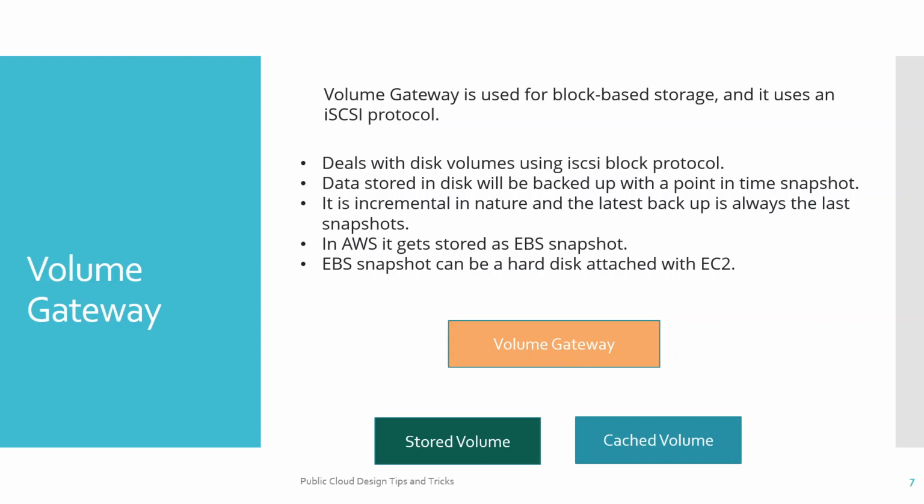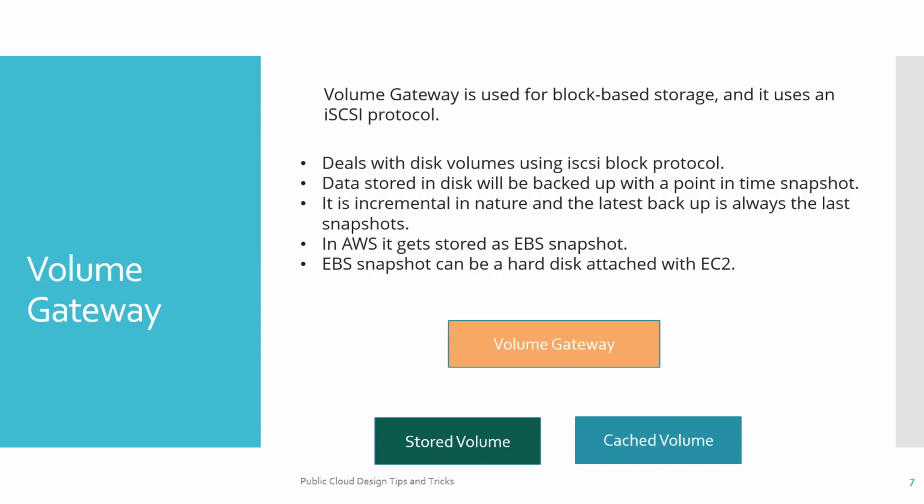It is incremental in nature, and the latest backup is always the last snapshot. In AWS, it gets stored in EBS snapshots, Elastic Block Storage, and EBS snapshots can be a hard disk attached to an EC2. So that is how volume gateway works.